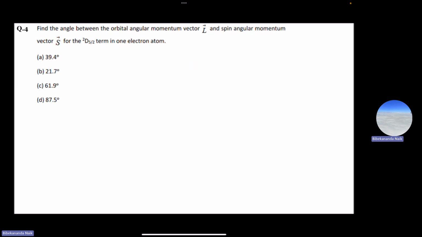Otherwise, we can again discuss how to derive that formula, and then for this particular state, 2D 5 by 2, we will calculate the angle between L vector and S vector. I'll give you a few minutes to think about this question and try it, and then I will discuss.